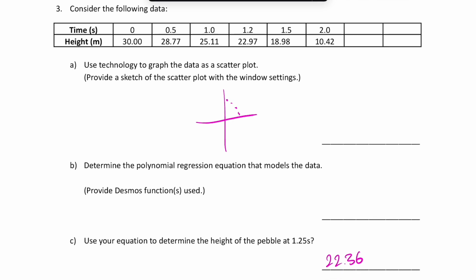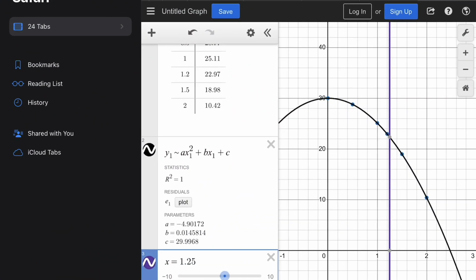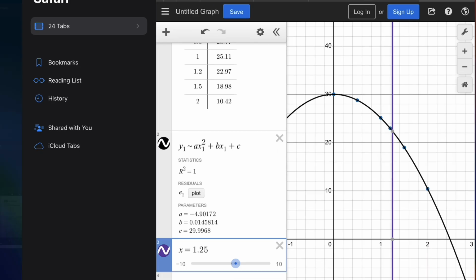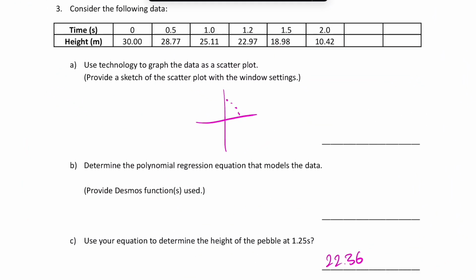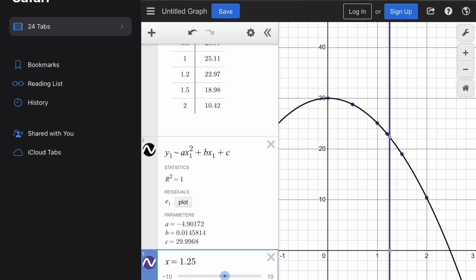B, determine the polynomial regression equation. So you grab your numbers from here. So A is negative 4.90172. B equals 0.0145814. And just once again, I'm pulling these numbers from down here when it says parameters.